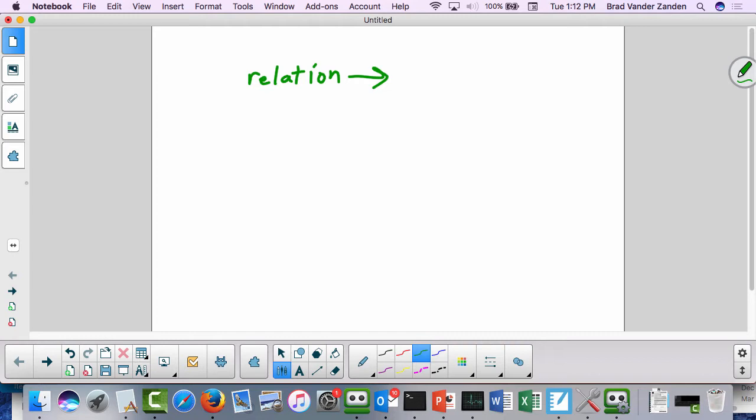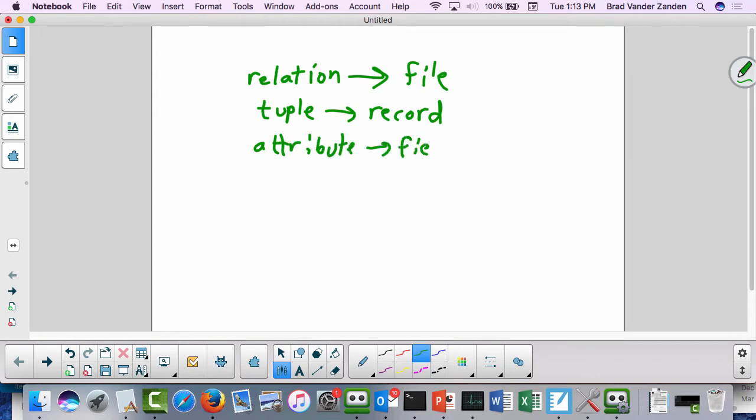The guess was table, but that's actually the user view. File. So you'll often hear me use the word file. For tuple, it becomes record. And for attribute, you're often going to hear me use the word field. I'll be using them interchangeably, but if you hear me use file, record, or field, those are the corresponding terms for the relational model. Hey, it's just different jargon when you get to the physical layer.